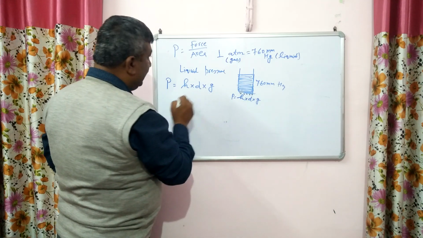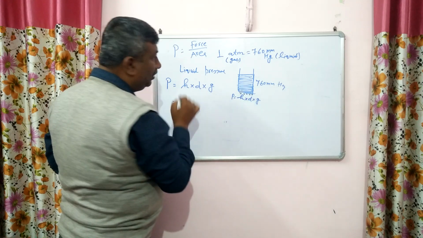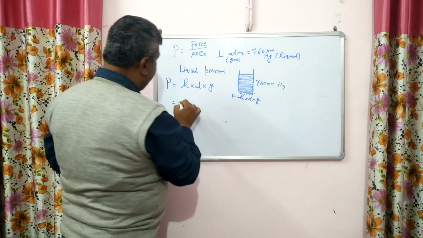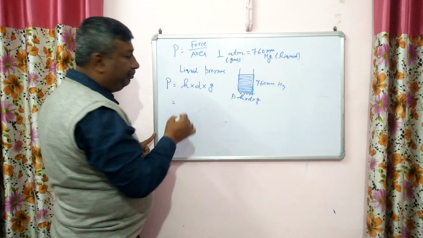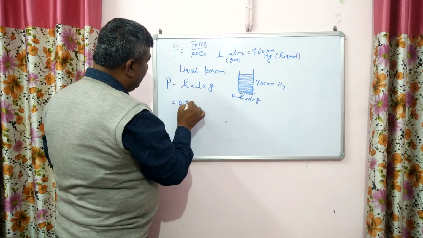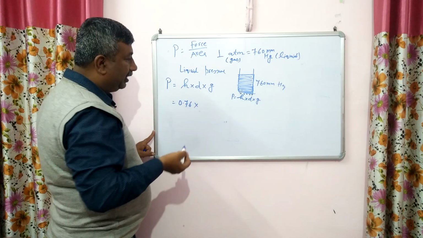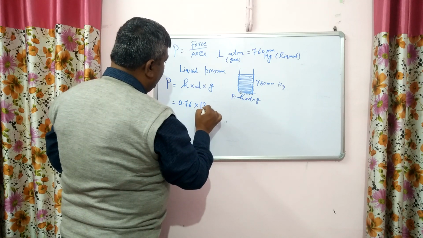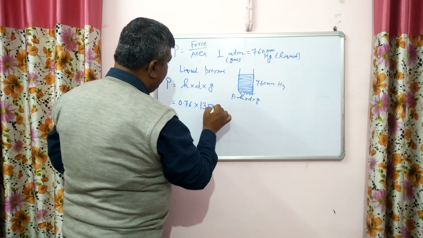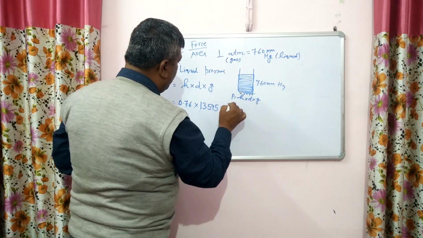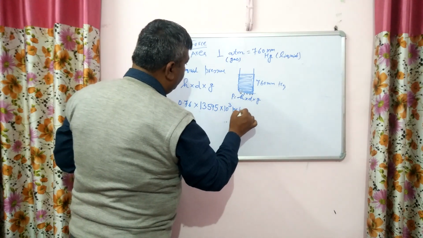Here H, now we use SI standard units. So 760 mm, we have to write it in meter. So 0.76. Now the density of mercury. Density of mercury is 13.595 into 10 to the power 3 kilogram per cubic meter.